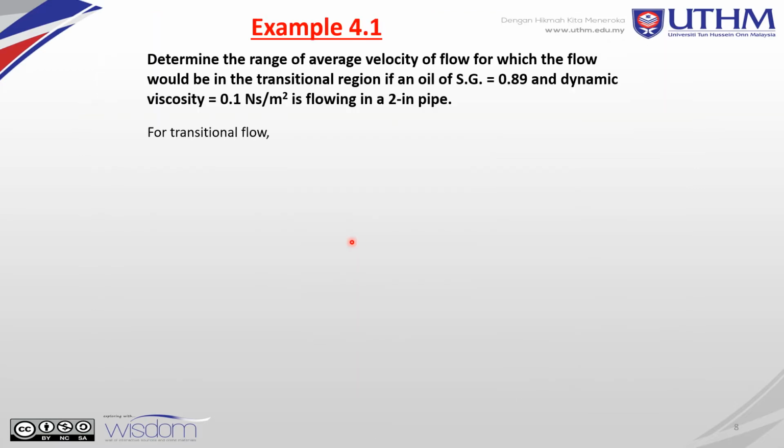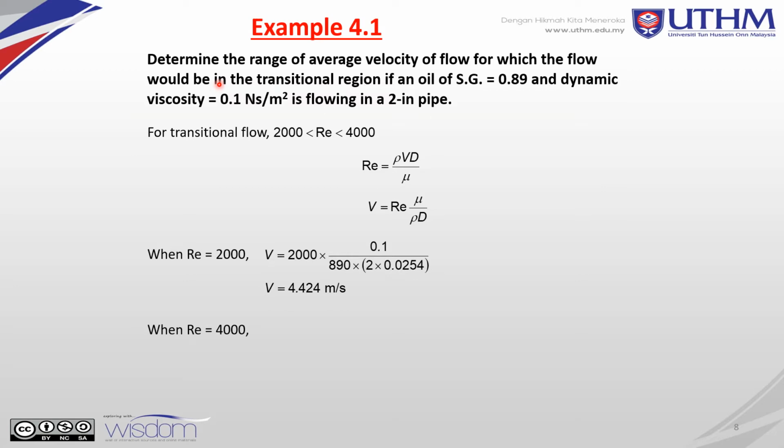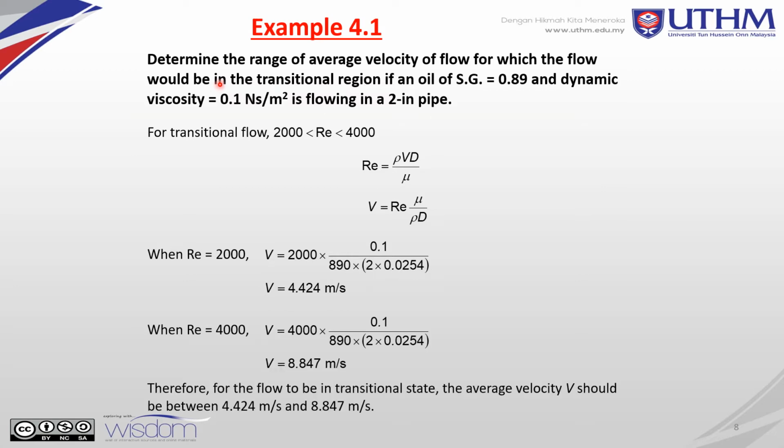Okay, example 1. Look at the question. Determine the range of average velocity of flow for which the flow would be in the transitional region if an oil with SG of 0.89 and dynamic viscosity 0.1 N·s per meter square is flowing in a 2-inch pipe.